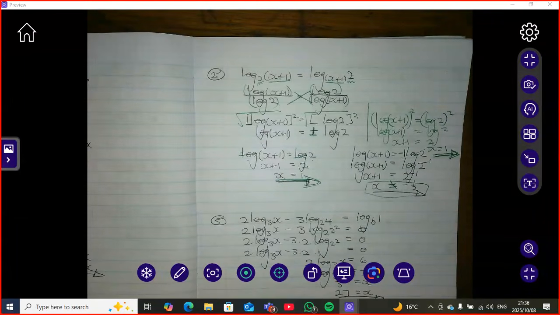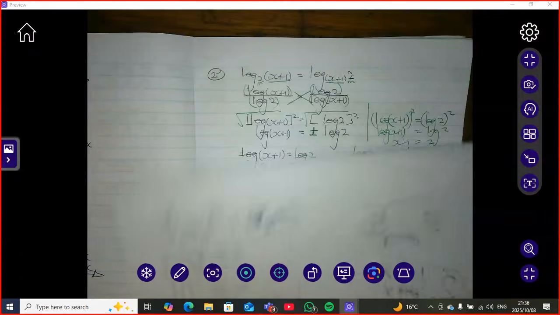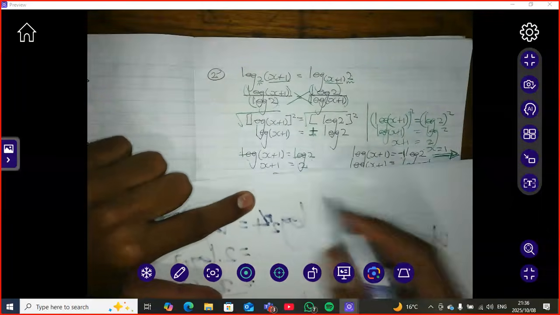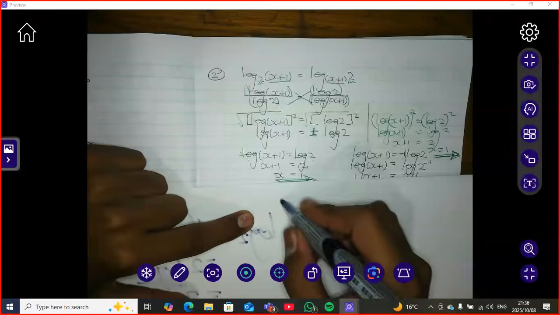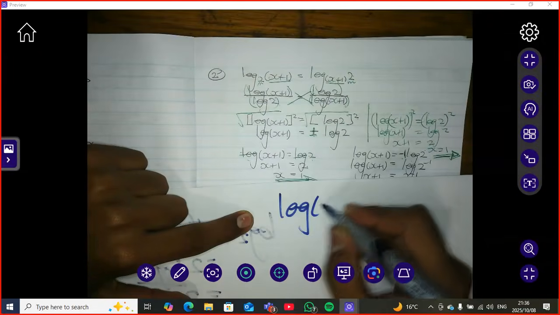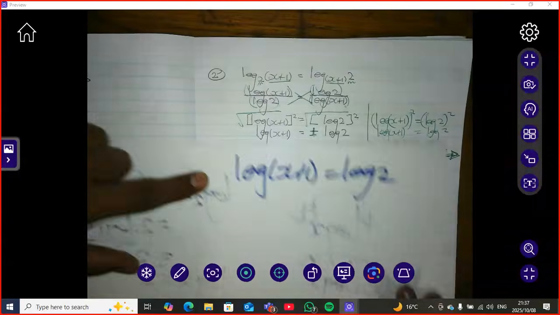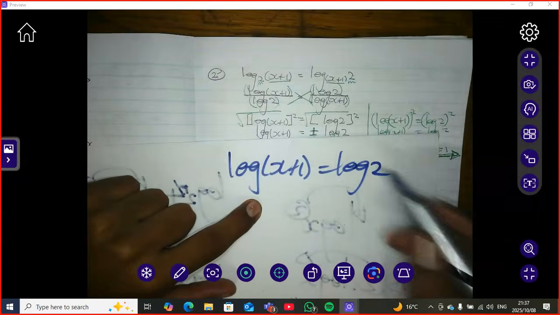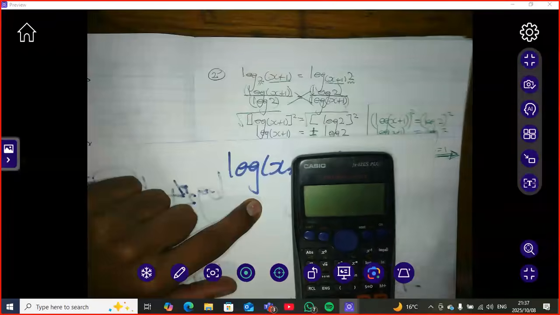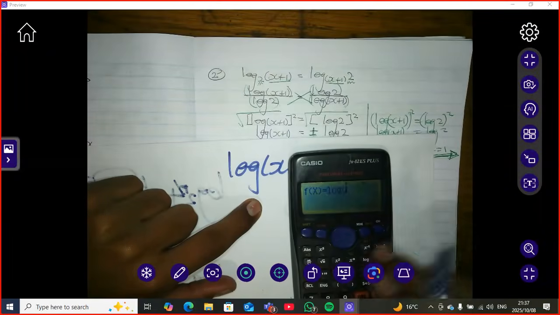Technically you can, because you can even do this. Okay, log x plus 1 equal to log 2. Log 2 is actually a number, so you can put log 2 in a calculator.